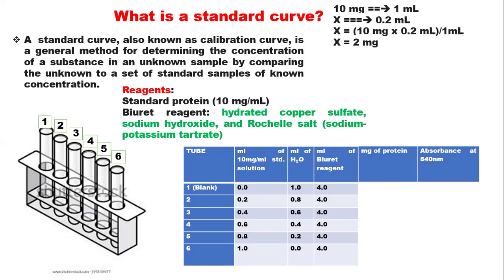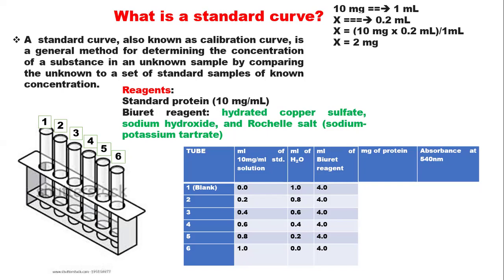So how are you going to determine the concentration, that is, the milligrams of the protein, and also measure the absorbance of the tubes? How do you calculate the concentration of the protein? Remember that you are given 10 milligram per mL of your stock.